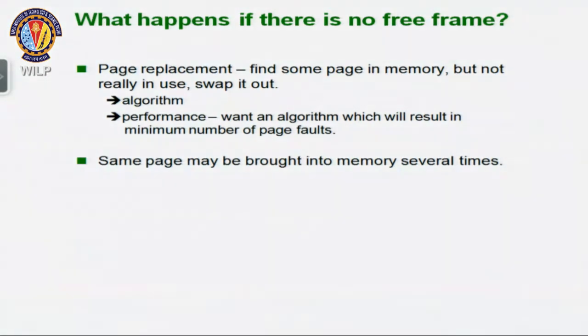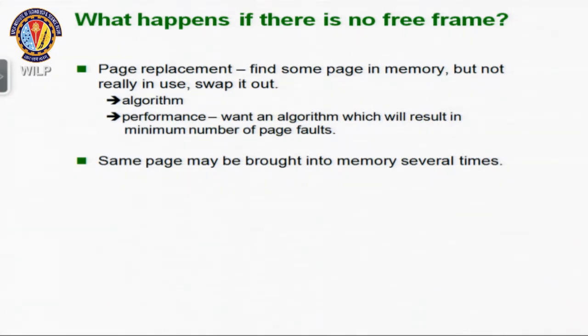This gives rise to what we call a page replacement strategy, which finds some page in memory that is not in use, so that it can be utilized for bringing in new information.